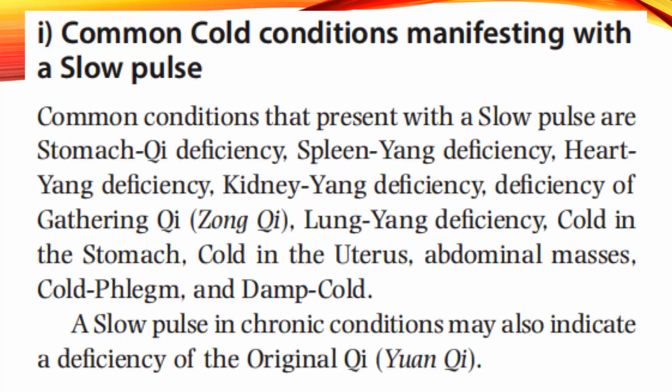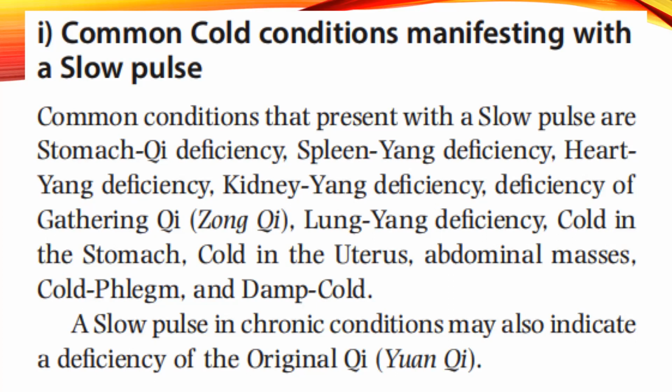So, common conditions manifesting with a slow pulse. Common conditions that present with a slow pulse are, pag meron po siyang stomach qi deficiency, spleen yang deficiency, heart yang deficiency, kidney yang deficiency, deficiency of gathering qi or yung zong qi. Naalala po natin yung zong qi.